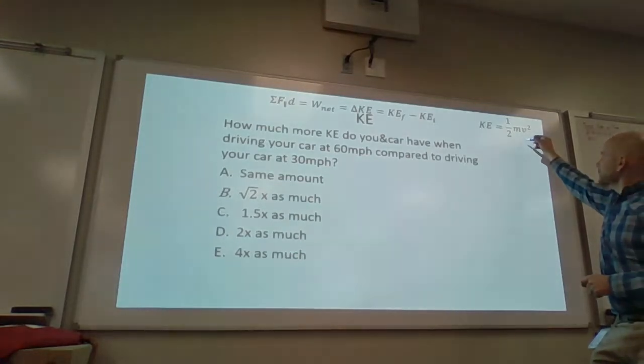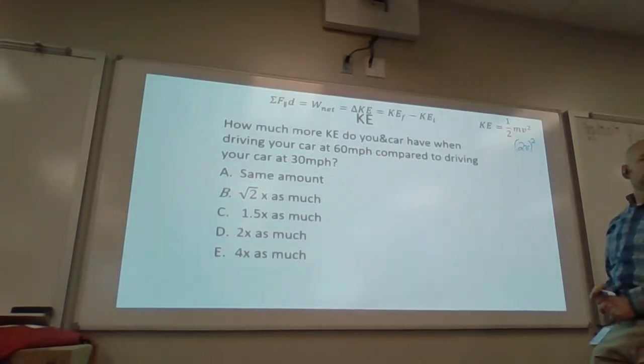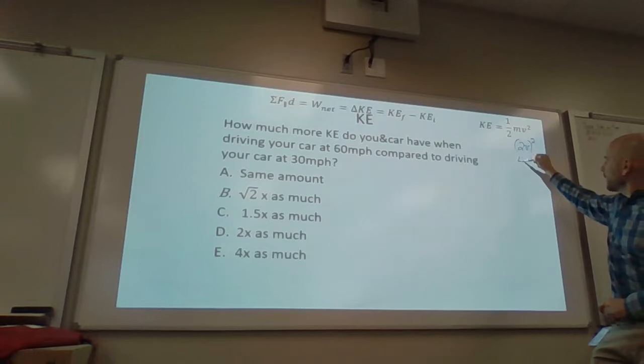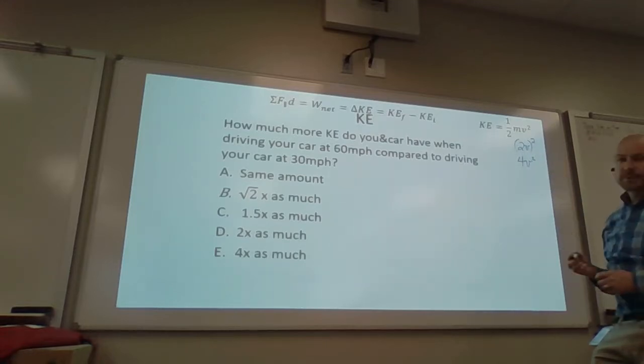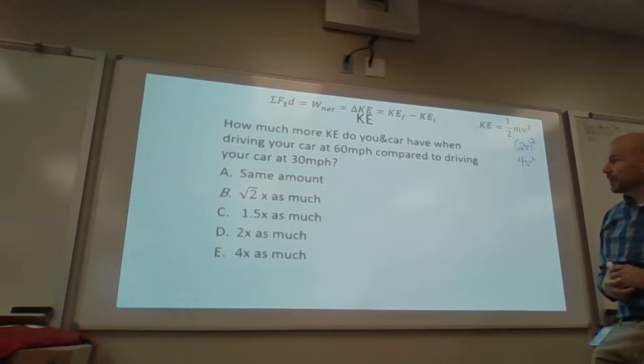Squared. So when we double the speed, we still square that doubling. So we end up with 4 times speed squared. Good with that? Okay. You get 4 times the kinetic energy.